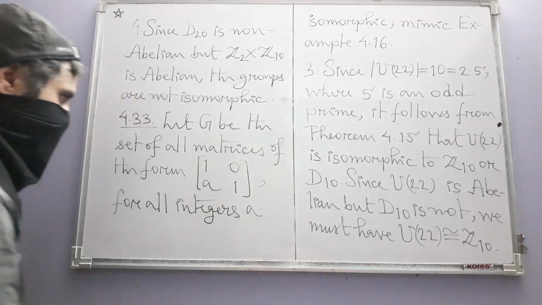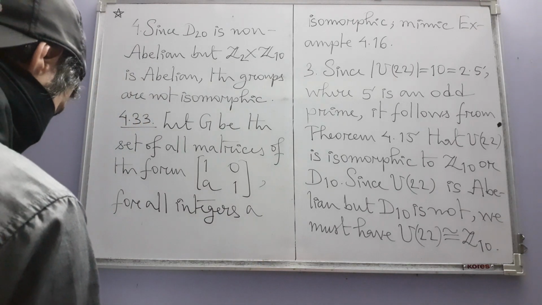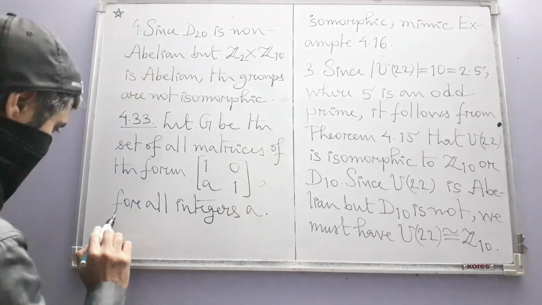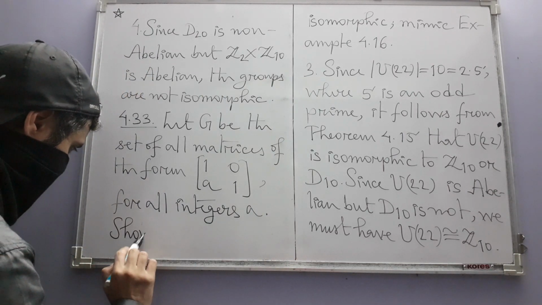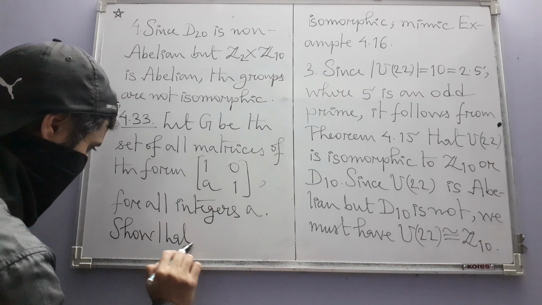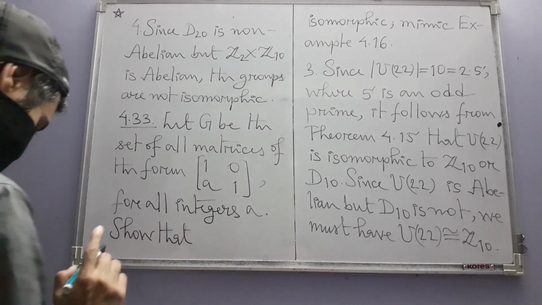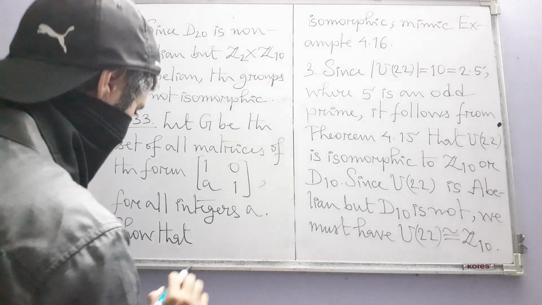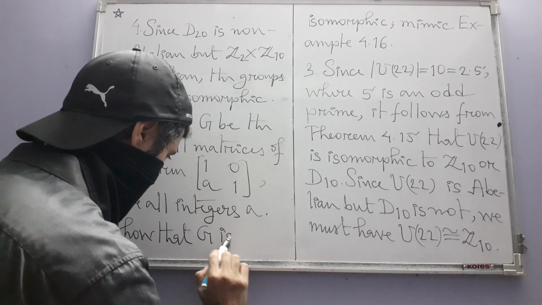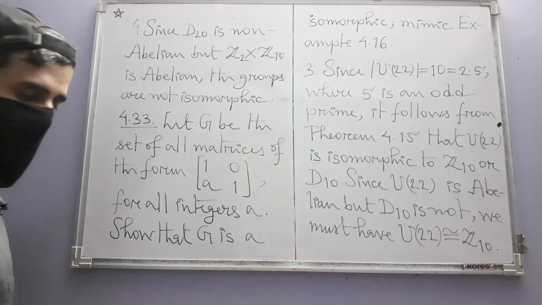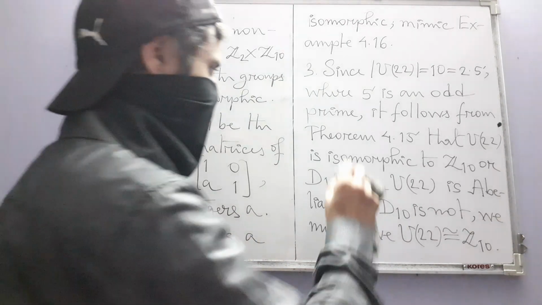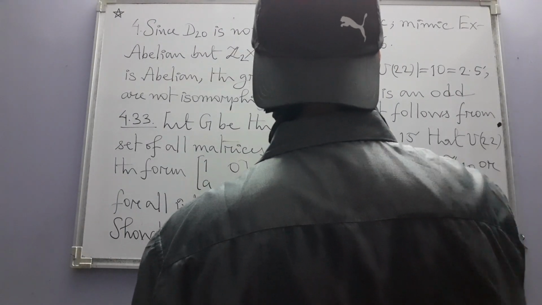For all integers A, show that G is a subgroup of the general linear group of 2 by 2 matrices with real entries.